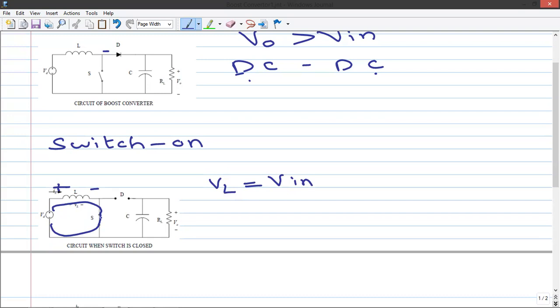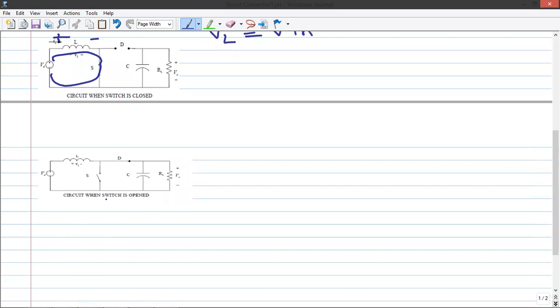Next we will see what happens when the switch is in the open position. The inductor will change its polarity. Before it was plus minus, and now it changes to minus plus. So positive is coming to the anode of the diode, and the diode becomes forward biased. The inductor will act like a source.